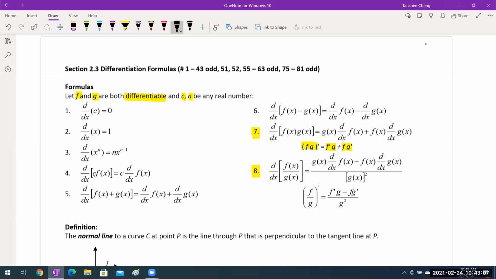In short, the derivative of f divided by g is f prime times g minus f times g prime, all over g squared. This is a shortcut format that we want to remember and then use.